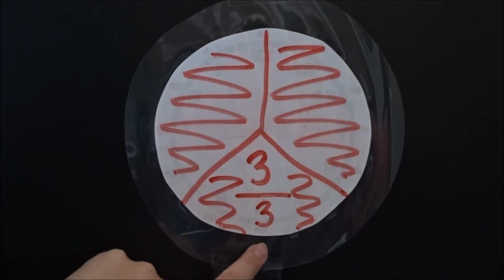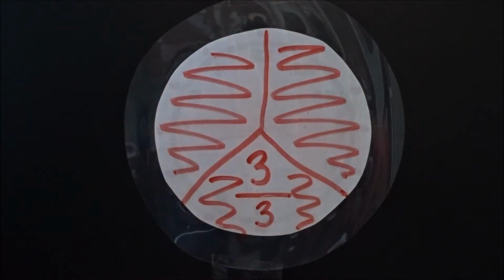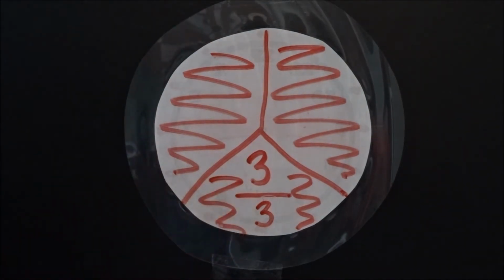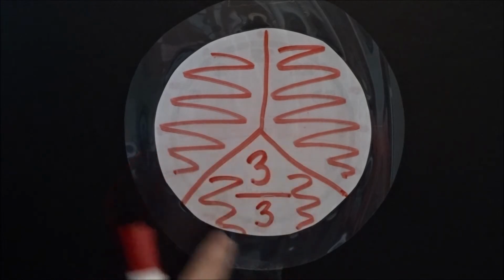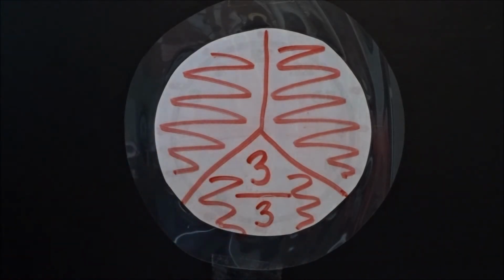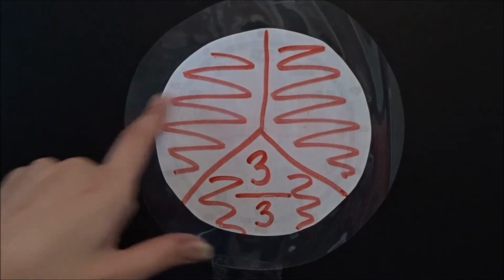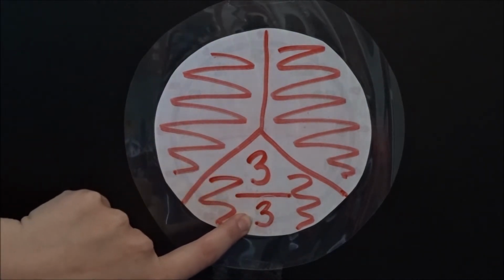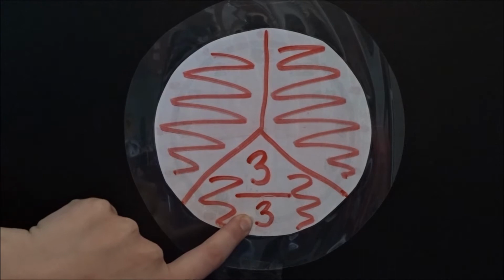So that means that you ate the whole pie. And 3 over 3, what that means is that you ate the whole thing. So instead of writing 3 over 3, you could also show this by just writing a 1, because you ate the whole thing. You didn't eat half, you didn't eat a third, you had all 3 of the total potential number of pieces of pie that you could have.